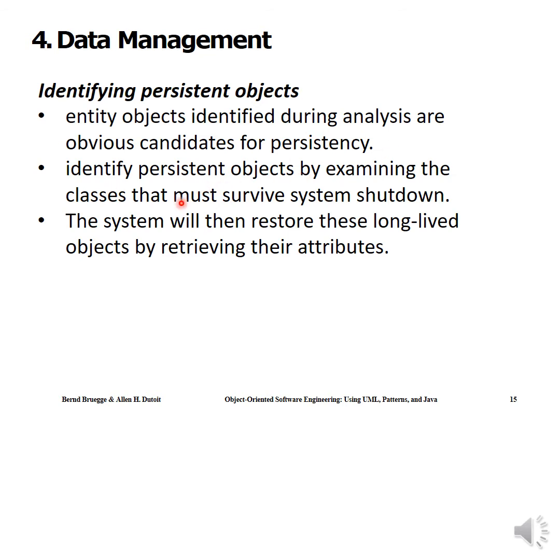Identify persistent objects by examining the classes that must survive system shutdown, whether the system is closed accidentally, by an unexpected crash, or by a controlled shutdown. The system will then restore these persistent objects by retrieving their attributes from the database even after the system shuts down unexpectedly or in a controlled way.